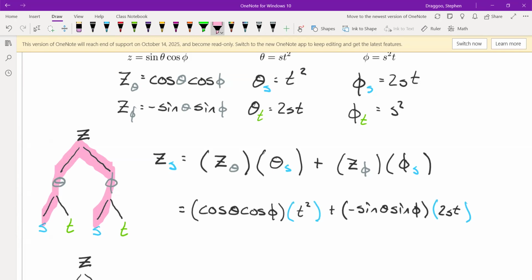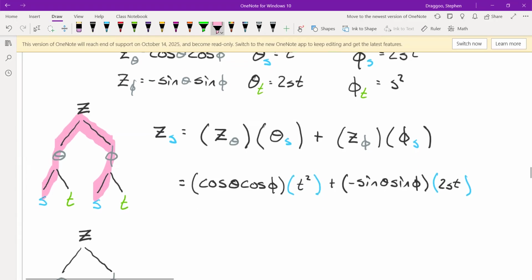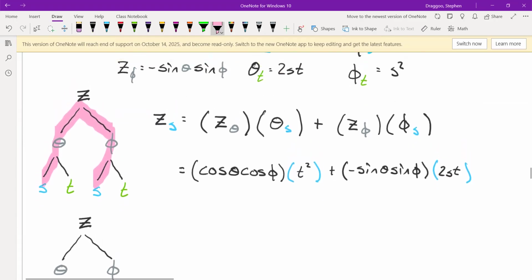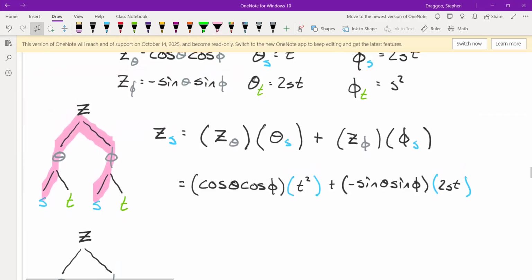I am tracing all of the branches until I can get down to s, the parameter that I care about in this case. And while it looks like we're done with the problem, we actually have one last step to go through. Because I have too many variables right now.